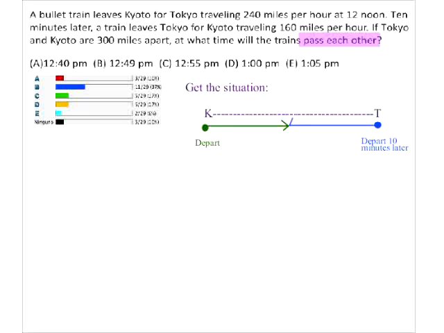Now let's do math. But what do we know about these distances? Well, we know that the total distance is 300 miles. So what else is 300 miles? Because that's the distance from K to T, what it has to equal 300?